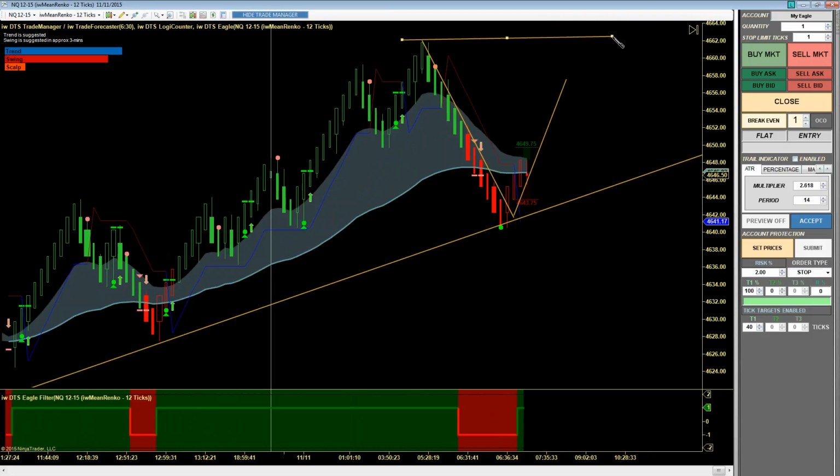Right now, this is our extreme price, the high. Prices have come down, and they're trying to rally up. If prices fail on this rally, there's a very good chance that they're going to try to head lower.